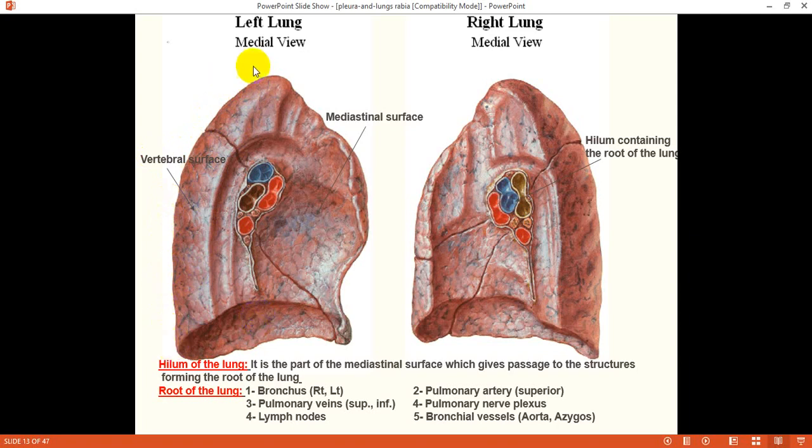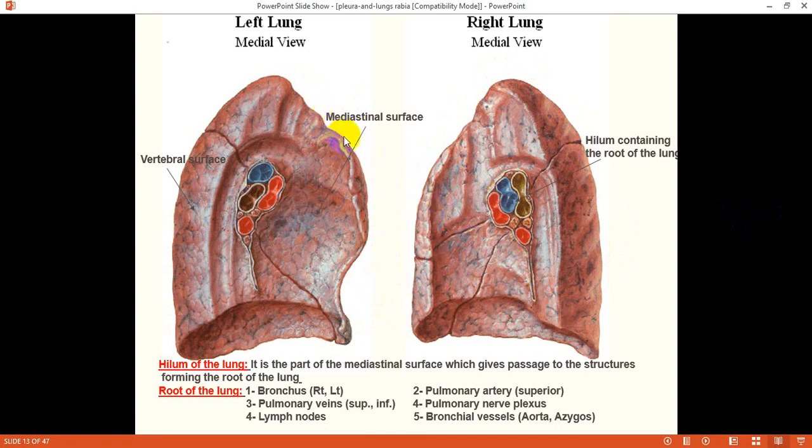Posterior border extends from the apex of the lung, passing through the paravertebral region up to the inferior border here, and it separates the mediastinal surface from the costal surface. Anterior border extends from the apex to the inferior border here, and it separates the mediastinal surface from the costal surface anteriorly.